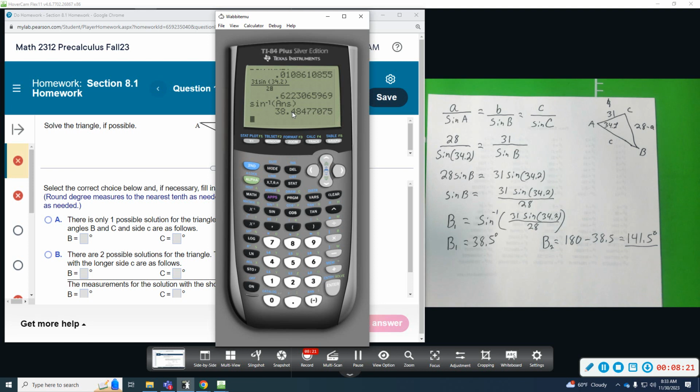Now we can find angle C with great ease because C, again, remember, a triangle's total degrees has to add up to be 180.